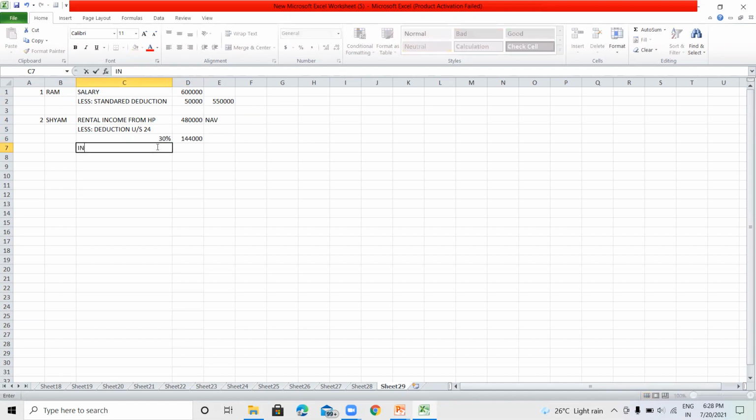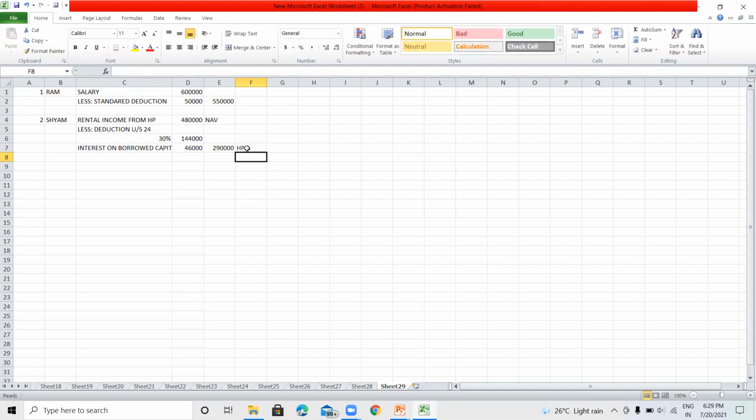And number two, interest on borrowed capital, for example 46,000. After subtracting the total deduction, 2,90,000 will be taxable under the head of house property.